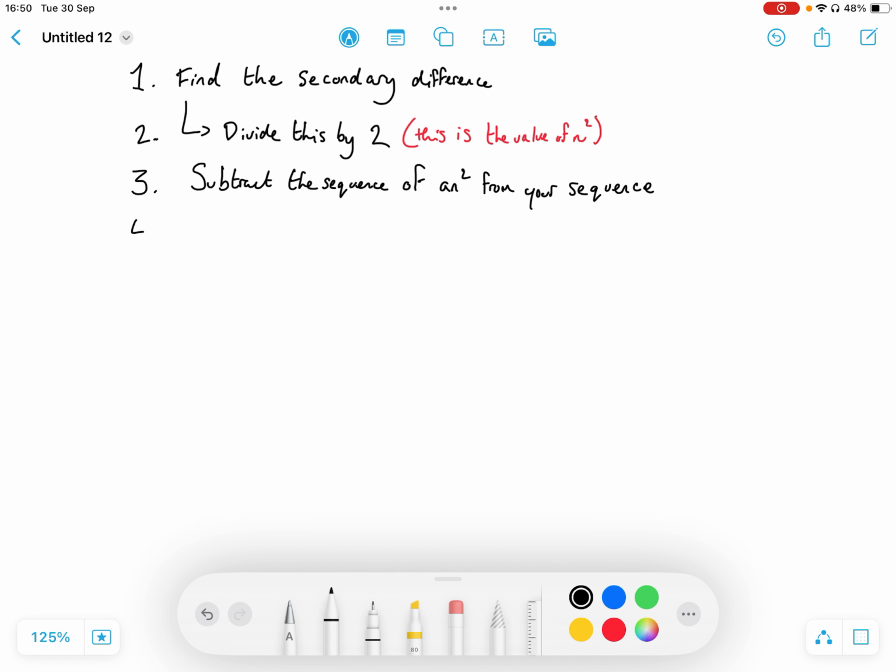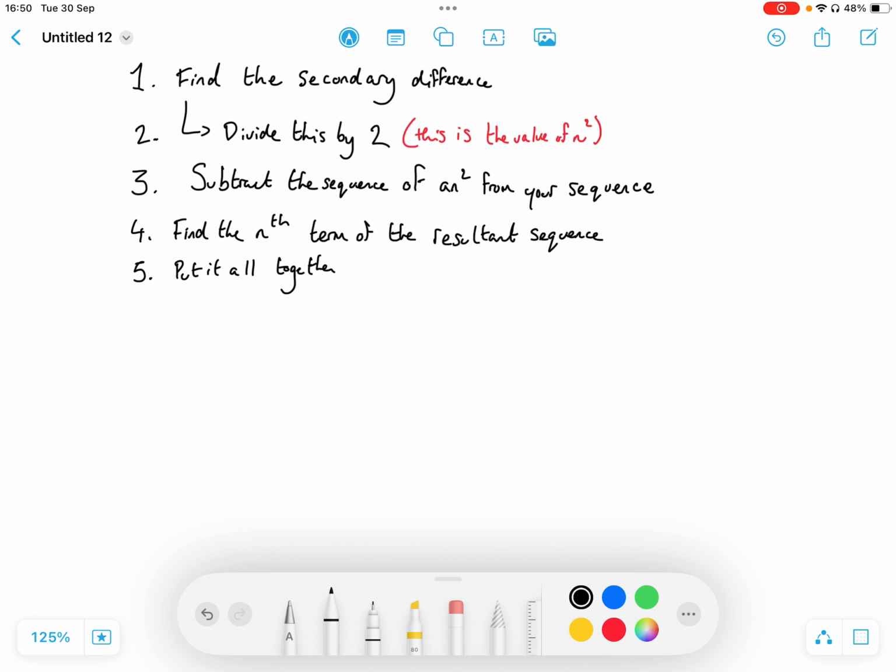Step 4, find the nth term of your resultant linear sequence. And step 5, put it all together.